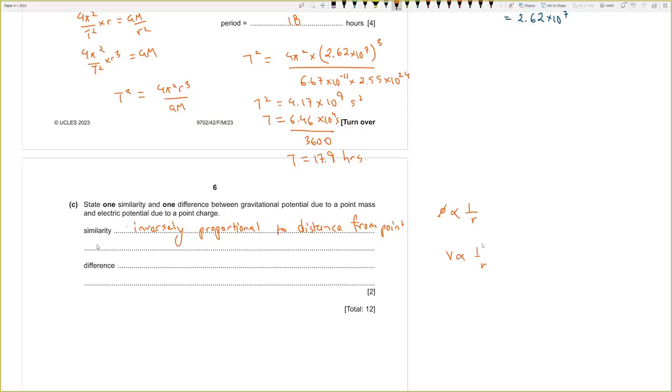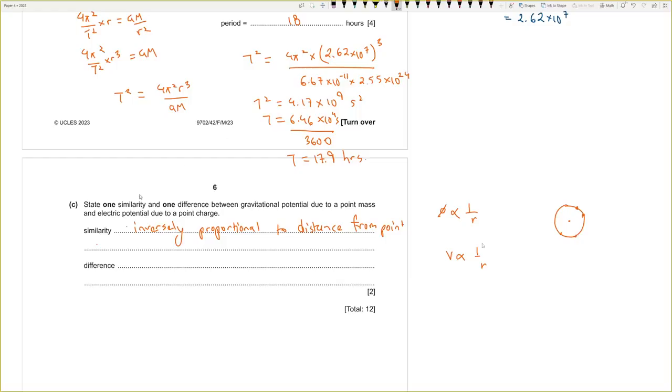The other one is that points of equal potential lie on concentric spheres. This means that there's an equipotential surface. So if you have a concentric sphere, this point and this point as well all have the same potential.